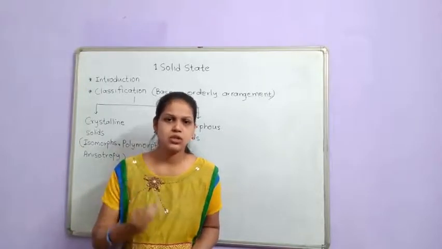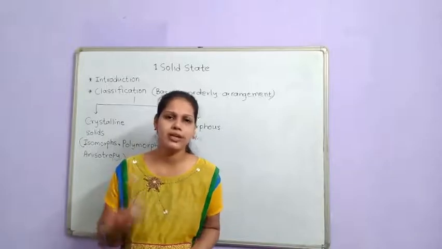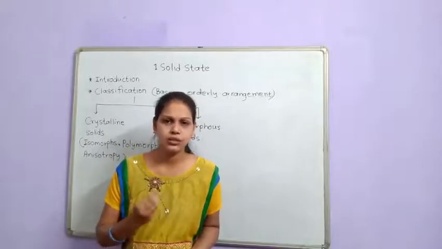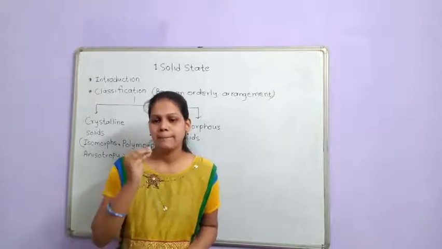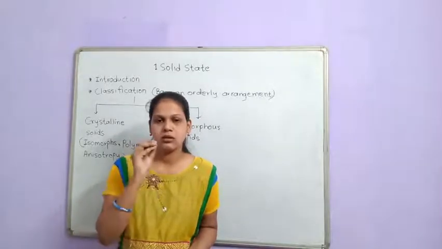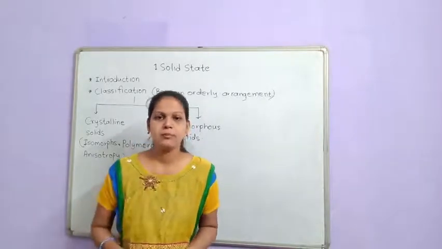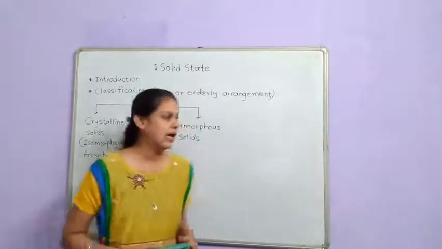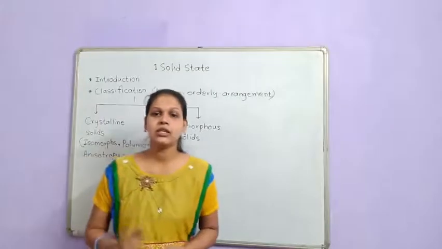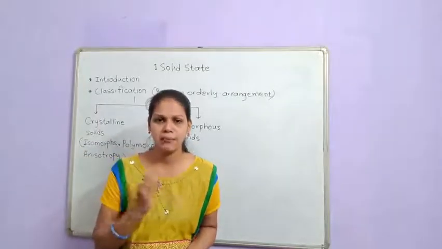Now a crystalline solid has an exact melting point, meaning their melting points are sharp, and amorphous solids do not melt at a sharp melting point.